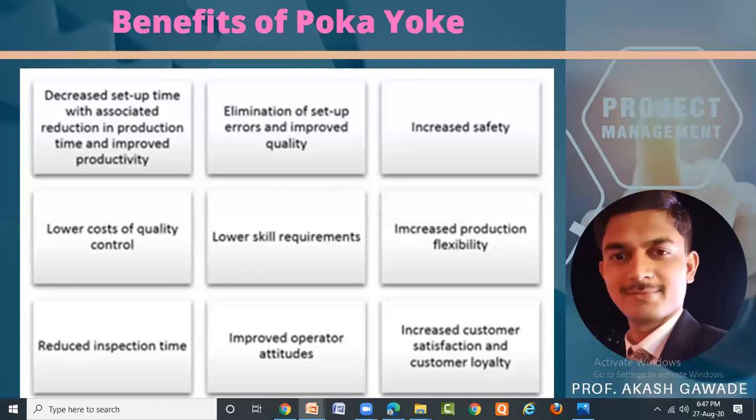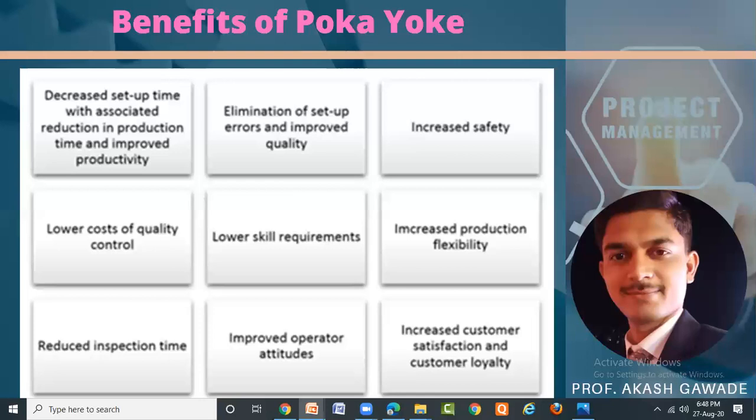Whenever you install Poka Yoke devices in a critical area where skilled manpower is required, maintaining the Poka Yoke device needs less skilled manpower, because whenever a defect is detected by a Poka Yoke device, you just have to take out the detected parts and allow the production to continue. Increase production flexibility.